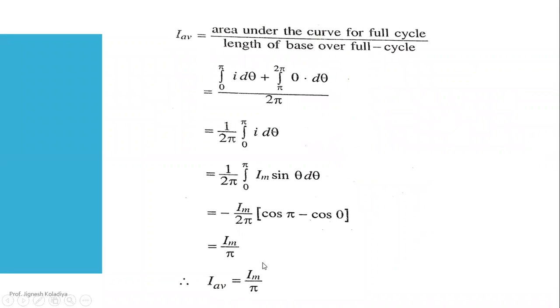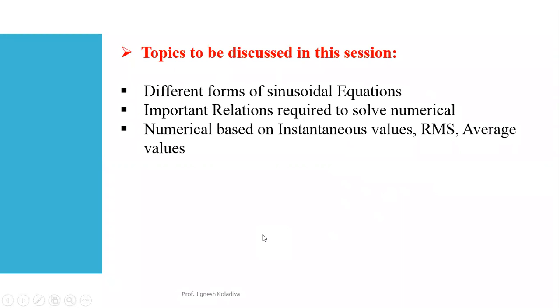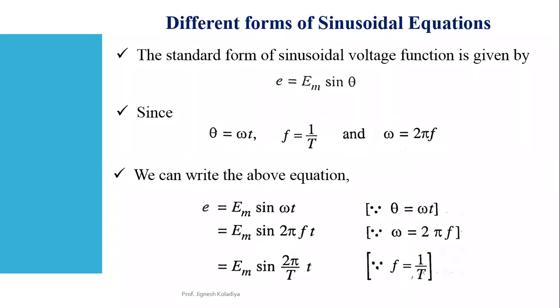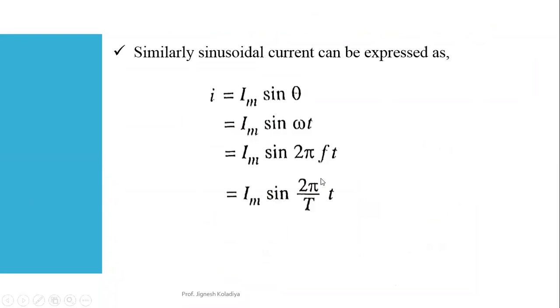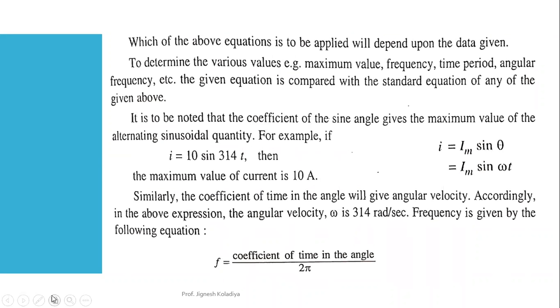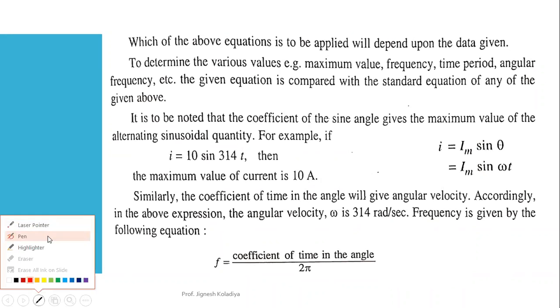I average is equal to Im by pi. Then we started the different forms of sinusoidal equations, and we have seen these 4 different forms: Em sin theta, Em sin omega t, Em sin 2 pi ft, and Em sin 2 pi upon capital T into small t. Also, how we can use these equations, that we have seen from this example.